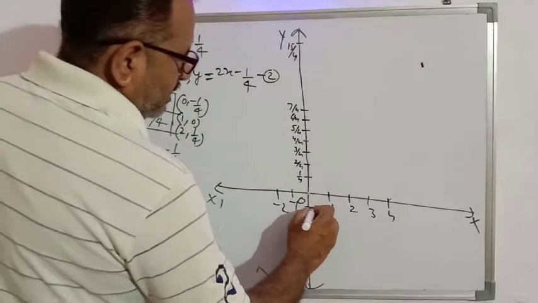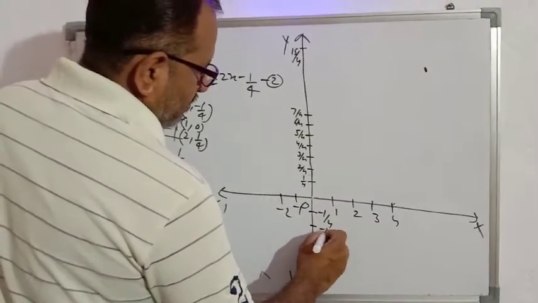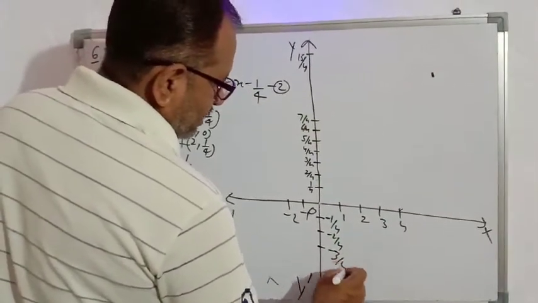Similarly downside minus 1 by 4, minus 2 by 4, minus 3 by 4 like this.